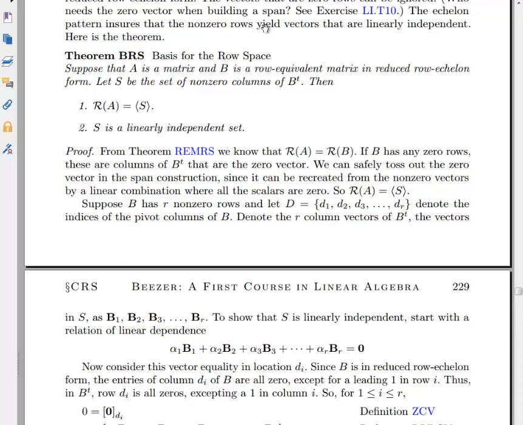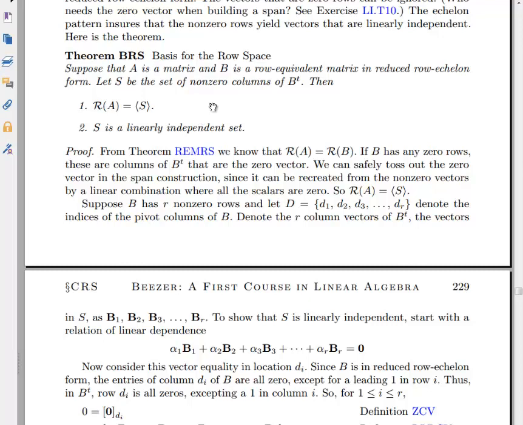Now, we did this theorem before we defined basis, but it really was talking about basis. What this says is that if you take a matrix and you row reduce it, and you take the non-zero rows and turn them into columns, then they form a basis for the row space.